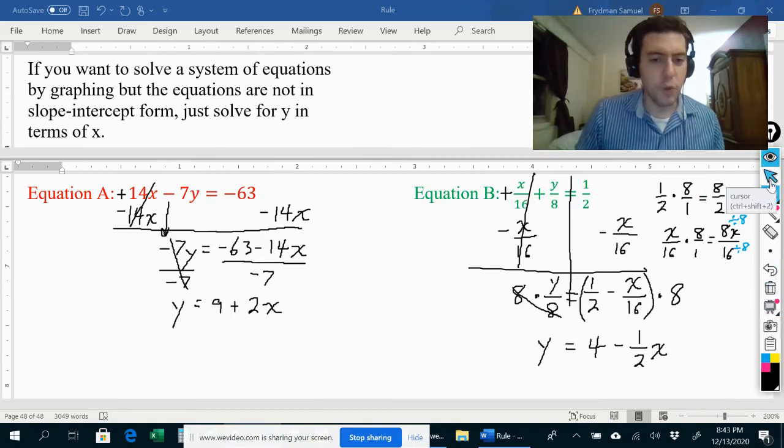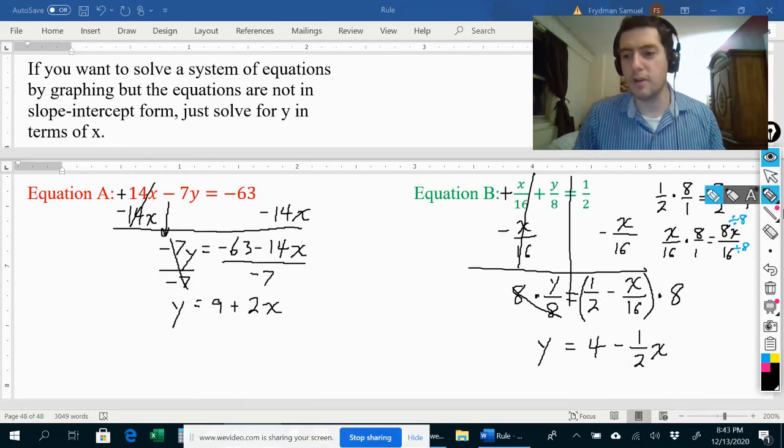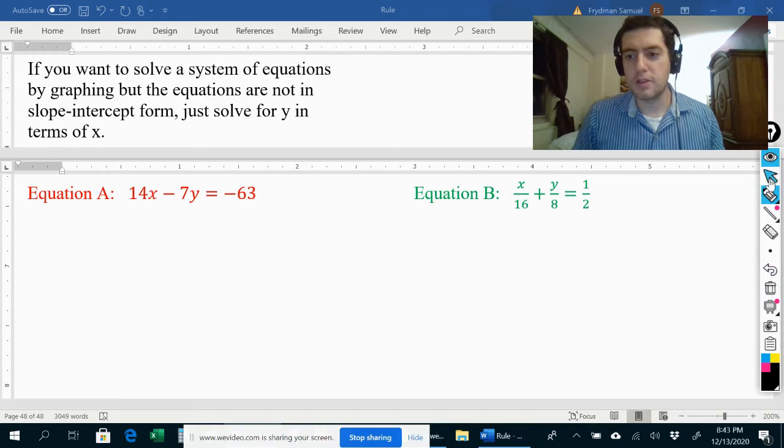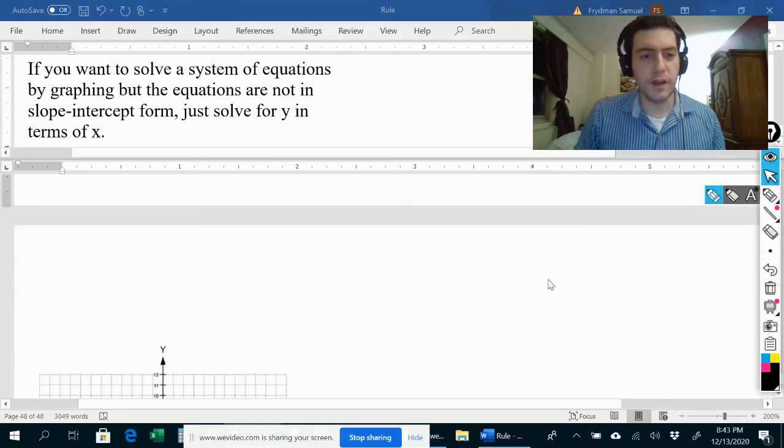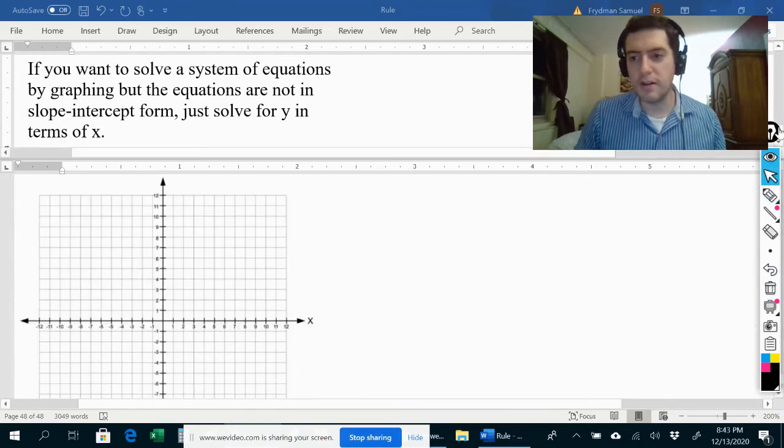So let me remember what it was. Y equals 9 plus 2x and y equals 4 minus 1/2 x. I hope I can remember that. Let's scroll down a little bit where I have a coordinate plane here.